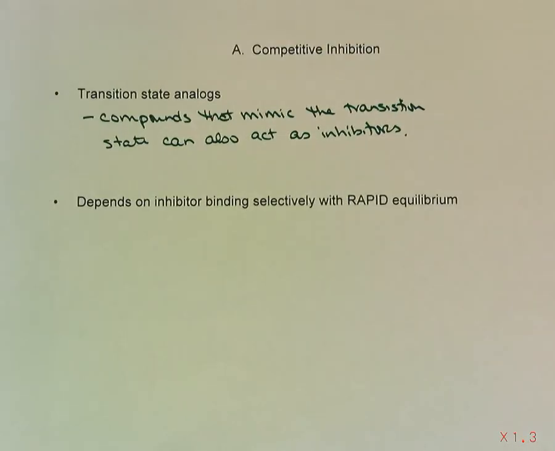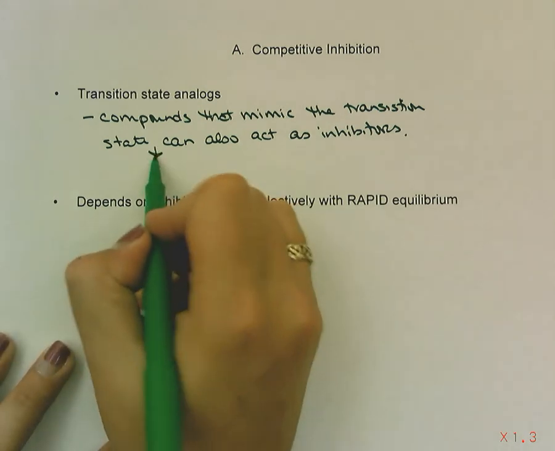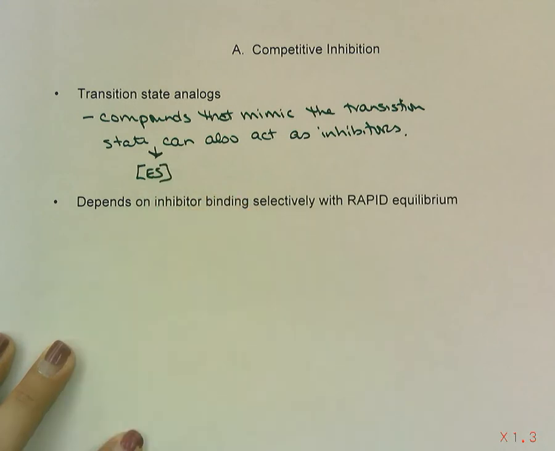So compounds that mimic the transition state of the ES can also act as inhibitors.